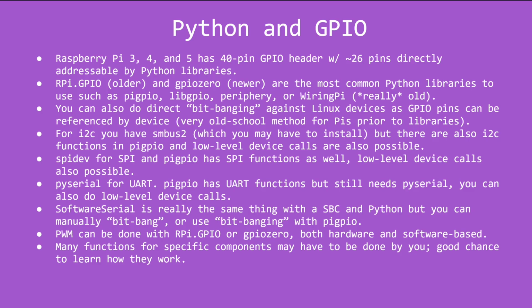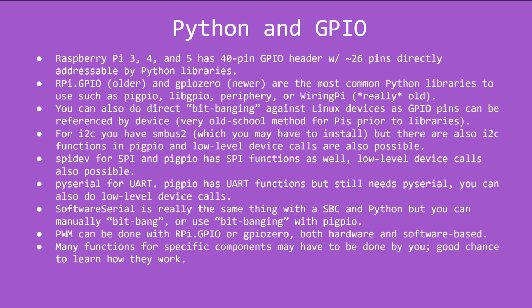But then there's some alternatives. There's what I call Pig PIO, but I know it's pigpio, just Pig PIO sounds funnier. Lib GPIO, Periphery, which I've never used, but I've heard things, and then WiringPi, that's really old. Do not recommend using it. I literally used it with my original Model B, and I'm talking Model 1B.